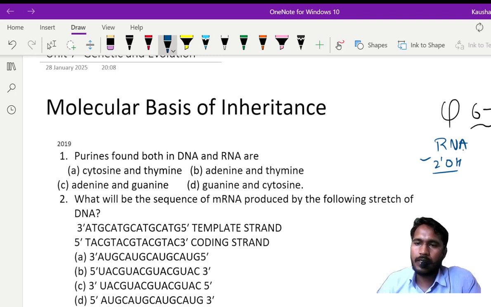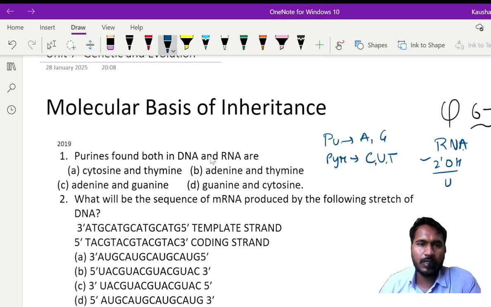And the second thing is that DNA has thymine, and instead of thymine, RNA has uracil. Purine is something called AG, adenine and guanine, and pyrimidine is something called CUT, cytosine, uracil, and thymine.